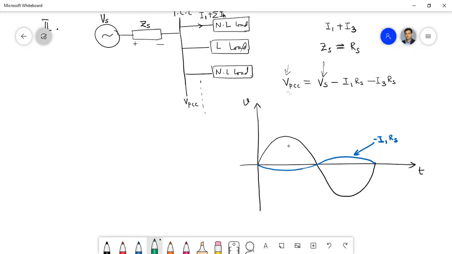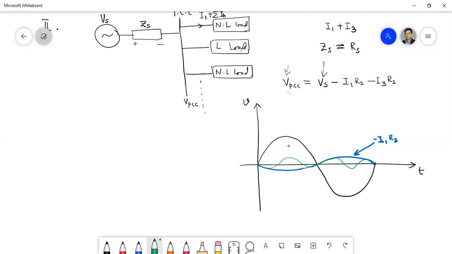Now what should be minus I3 RS? It's a third harmonic component. That means you will have 3 time periods in 1 time period of the fundamental. So let me draw like this. So this is 1, 2, and 3.